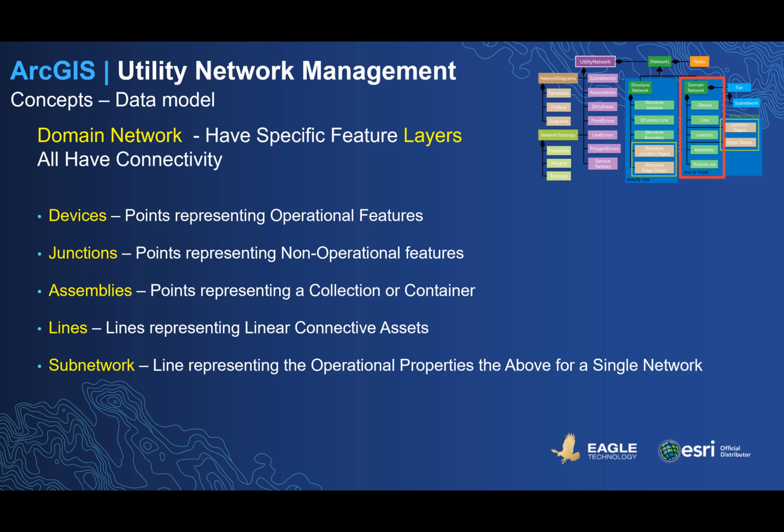And because of switching devices, subnetworks can and do frequently change. So these need to be generated on demand or post-processed after all your edit workflows have been completed. Subnetwork lines are used for tracing and can be configured to roll up totals like combined load or pressure, customer count, and the number of switchable or protective devices on your subnetwork.